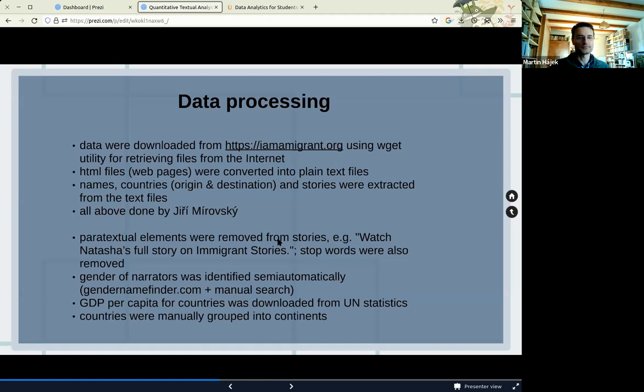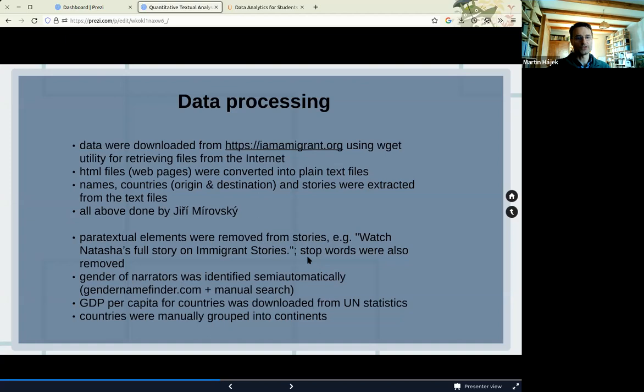Therefore, I had to go through all stories and search for, for example, these double commas or "watch", and I removed this paratext from the stories. There was quite a lot of it, and it took some time to do it. Even so, I'm not sure that I removed all paratext; there were names of people who uploaded, submitted, or collected the stories, etc.